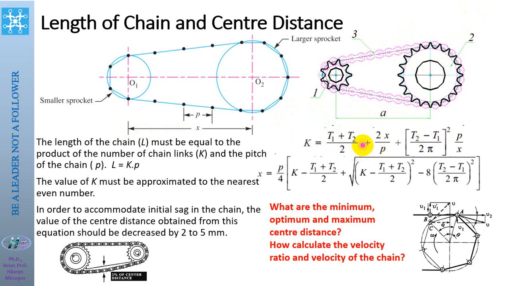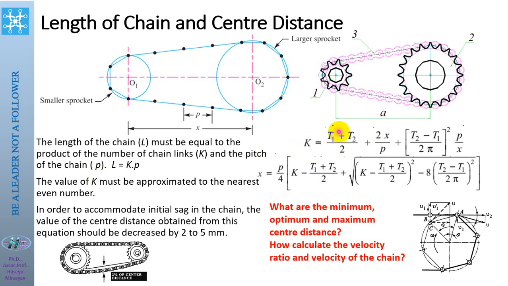We know that these equations are also very similar to the belt equations. After calculating the number of links K, the value of K must be rounded to the nearest even number. This is very important for the construction.